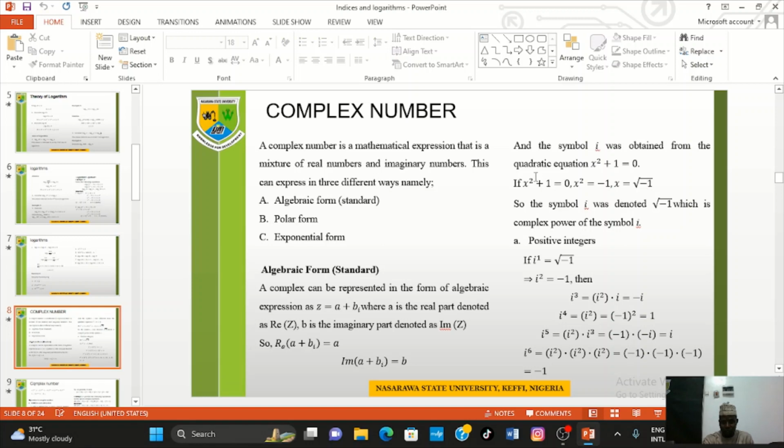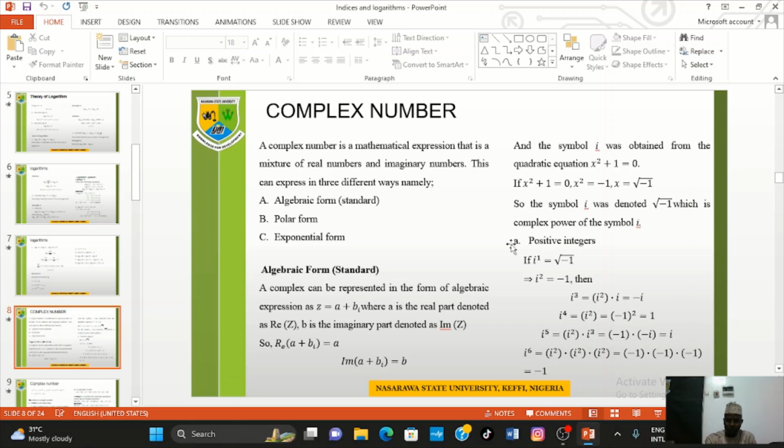Taking the 1 to the right hand side, we have x squared equals minus 1. And we are looking for x, so we take the square root of both sides. Then we have x equals the square root of minus 1. So the symbol i is denoted as the square root of minus 1, which is the complex number.